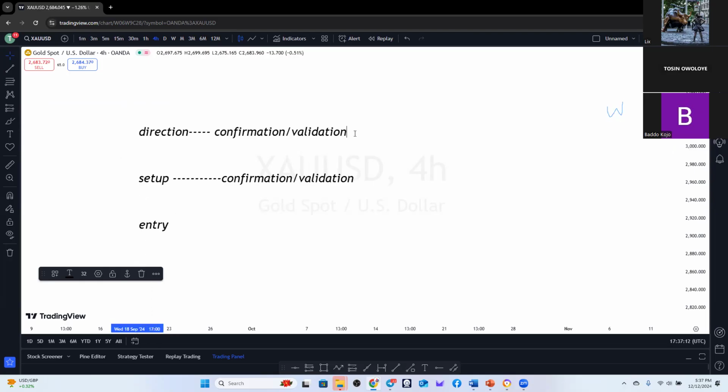What I'm saying is this. For direction, use one time frame lower for validation and or confirmation.